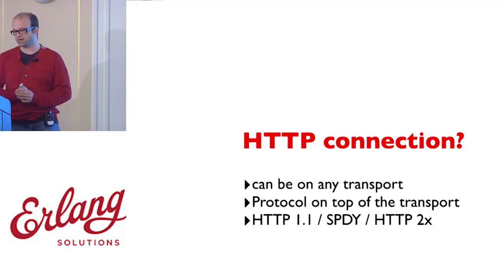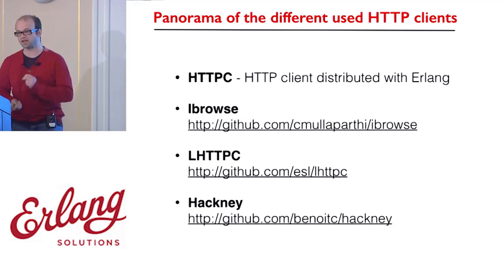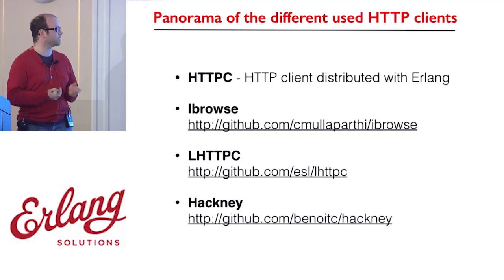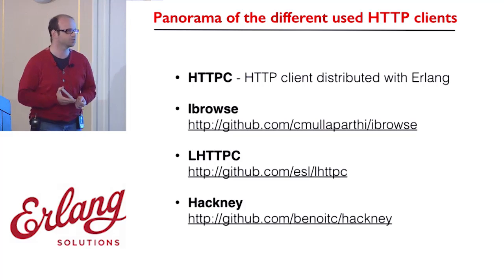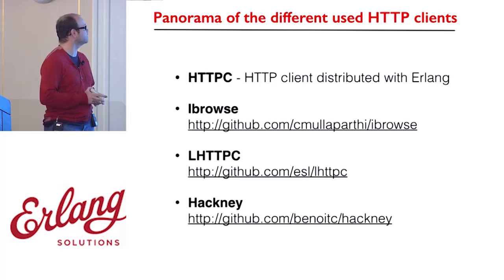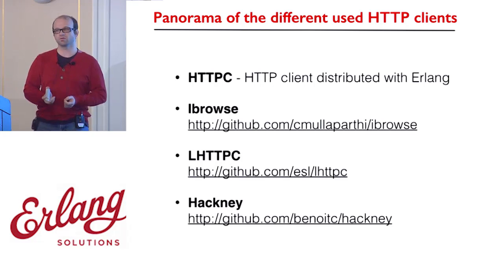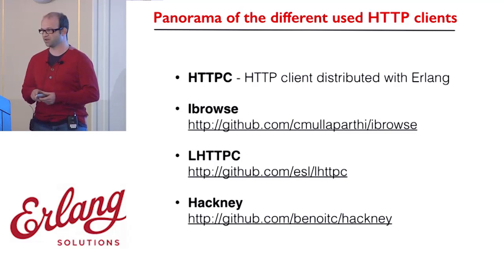In Erlang, you have mainly 4 HTTP clients. The first one is httpc, which is the HTTP client distributed with Erlang. So you don't have to install anything when you install Erlang, at least when you're not using Debian or Windows. httpc works quite well under a lot of the HTTP 1.1 spec.